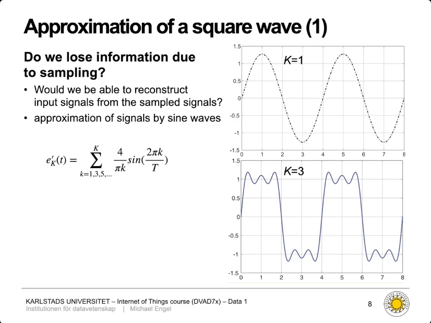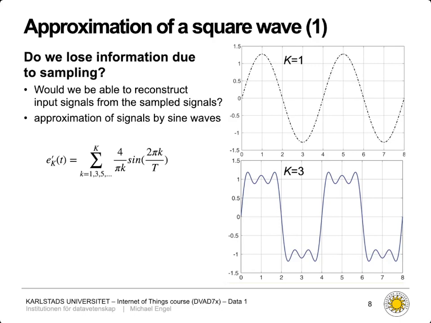So first we have a sine wave of a basic frequency, k equals 1. And then we take the next element of the sum for k equals 3. So we have a sine wave with 3 times the basic frequency, and we add it up.